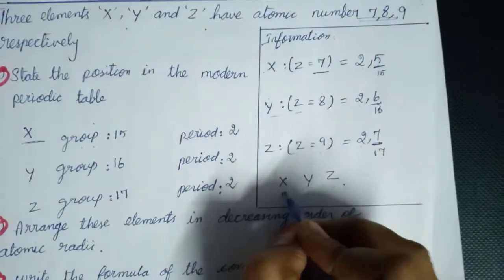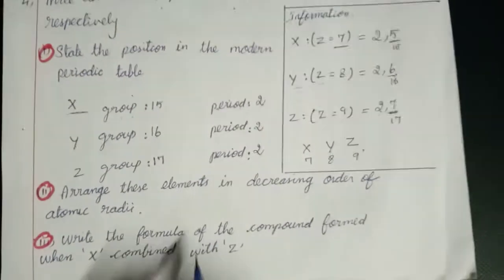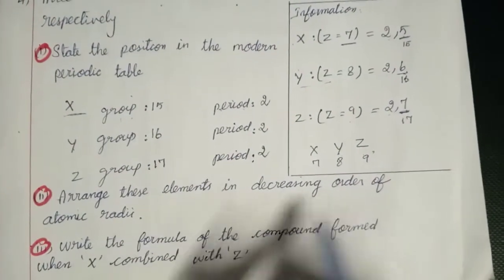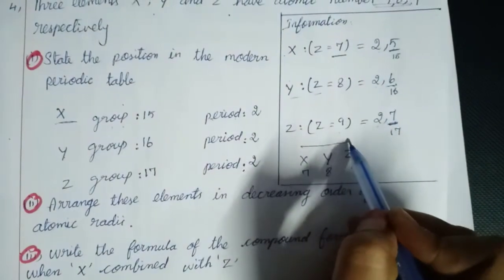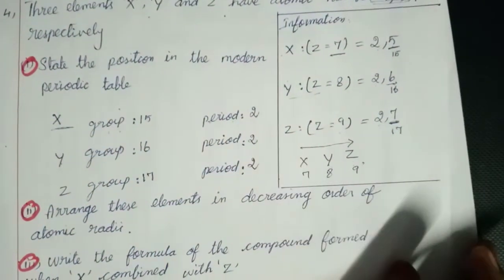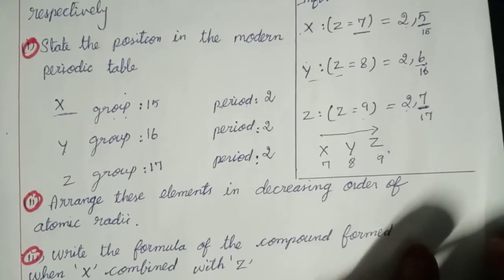This is the way of arranging X, Y, Z. Here atomic numbers 7, 8 and 9. Okay, next question, arrange the elements in decreasing order of atomic radii. In a period as we move left to right, the atomic size reduces. Why?